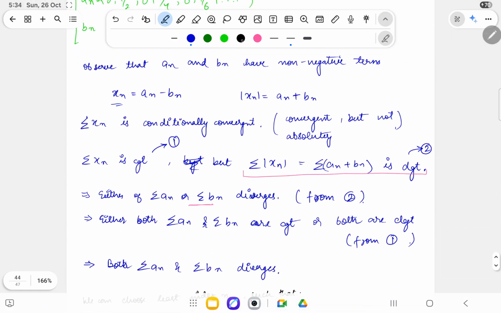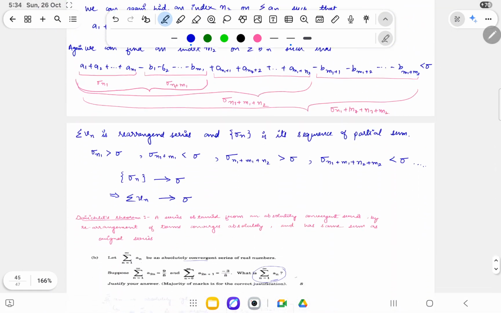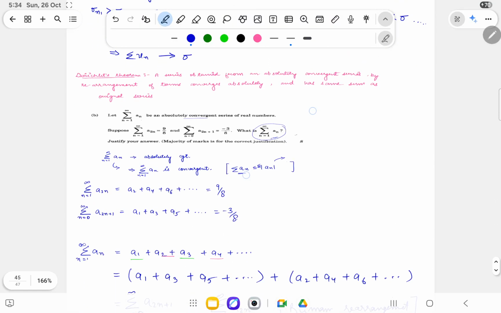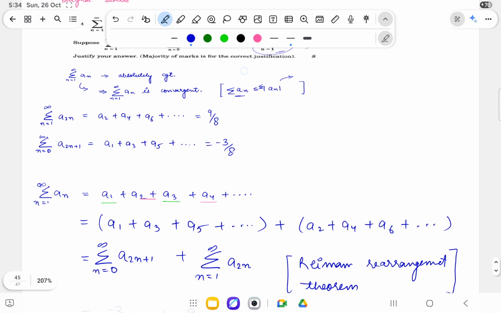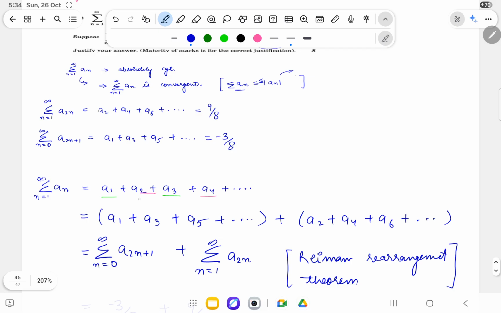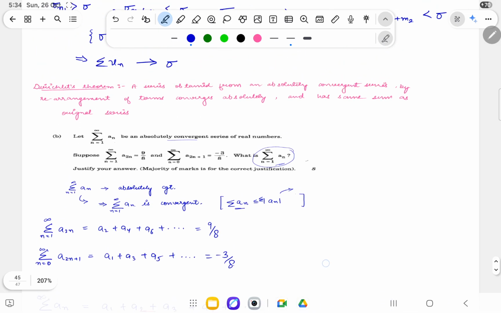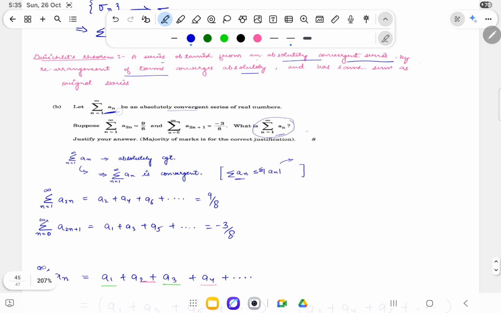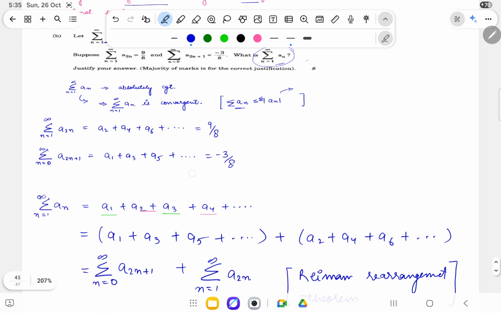Also, one more thing: in the first question that we discussed today, we are able to rearrange it and conclude its sum because of Dirichlet's theorem, which says that a series obtained from an absolutely convergent series by rearrangement of terms converges absolutely. Since summation an is absolutely convergent, the series that we get after its rearrangement is also absolutely convergent.